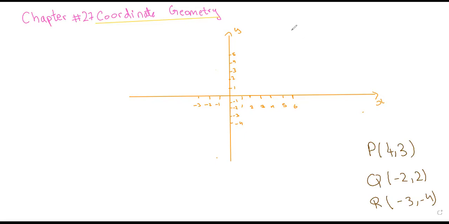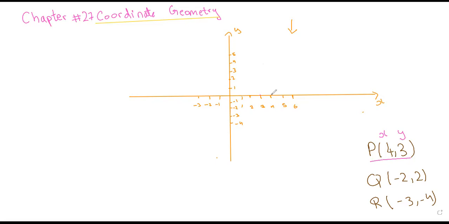Okay, so we call this the XY plane. It's just a name. And we have 4, 3. So 4 is the X coordinate and 3 is the Y coordinate. So where is X equals 3? X equals 3 is here. So it would be somewhere on this dotted line. And the other point is, sorry, it is X equals 4, okay?